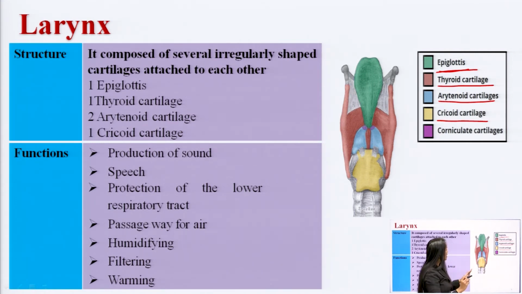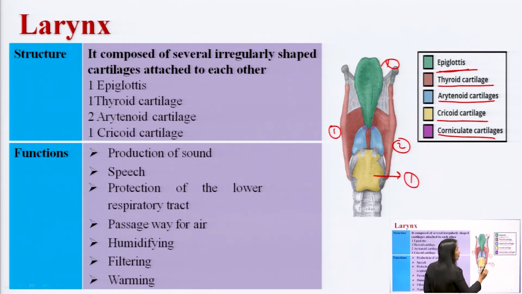The small purple shapes are called corniculate cartilage. So you can see one epiglottis, one thyroid cartilage, two arytenoid cartilages and one cricoid cartilage.